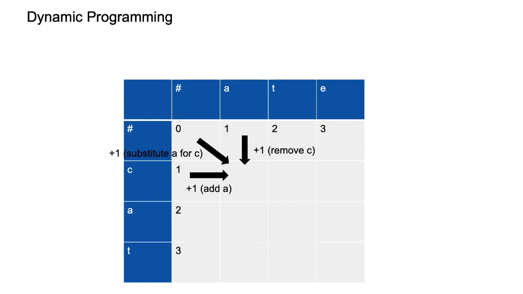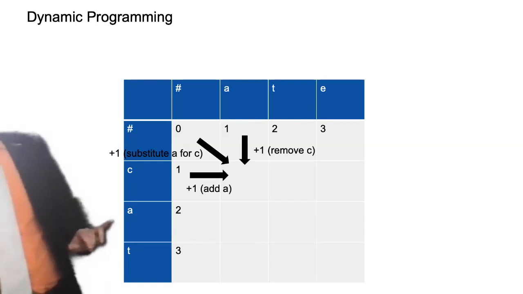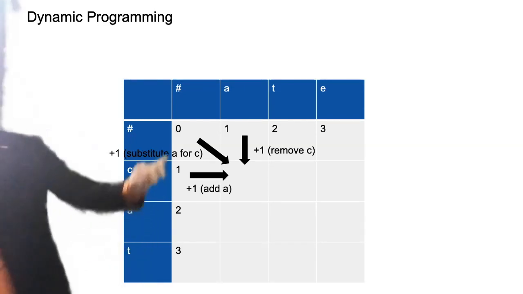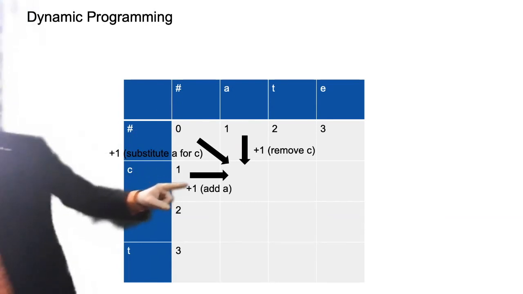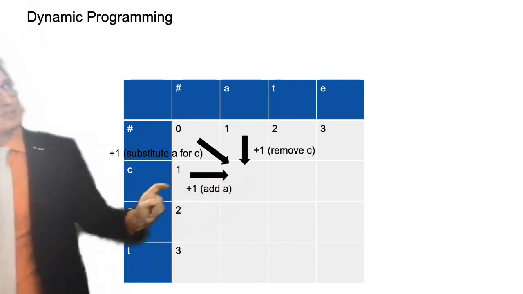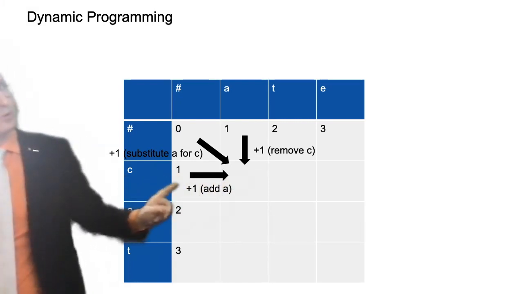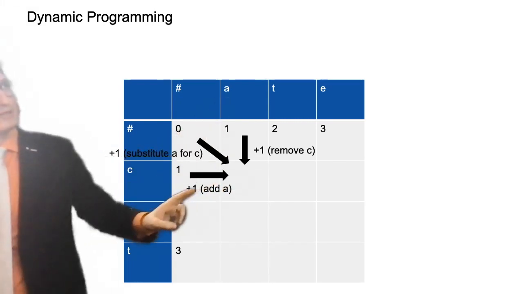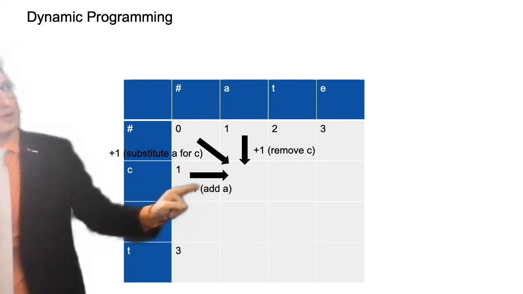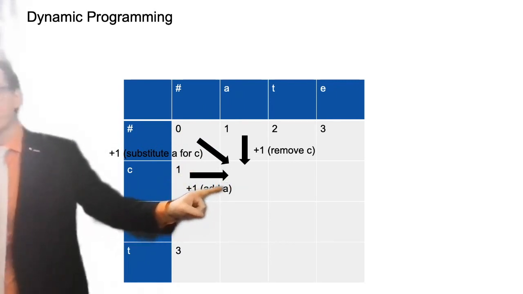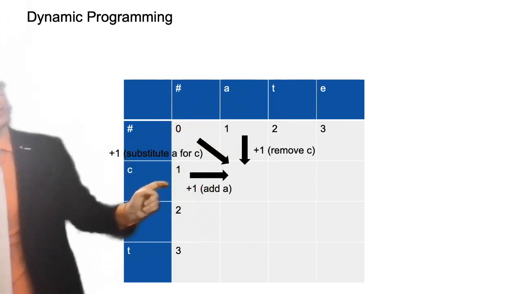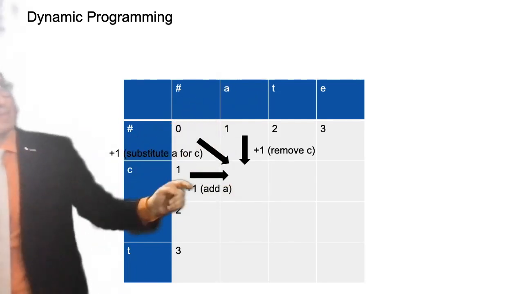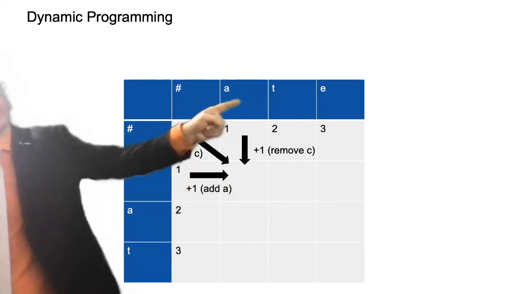For example, if you know how to go from C to the empty word, and you know the edit distance for this, then in order to infer the edit distance from that same word here, but with one more letter, it's basically whatever number is here, plus 1. And the plus 1 corresponds to adding this letter, right? You go from C to nothing in a step of 1. So you go from C to A by first going to nothing, and then plus 1 by adding the letter A.